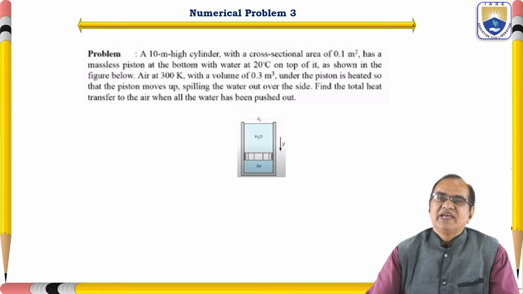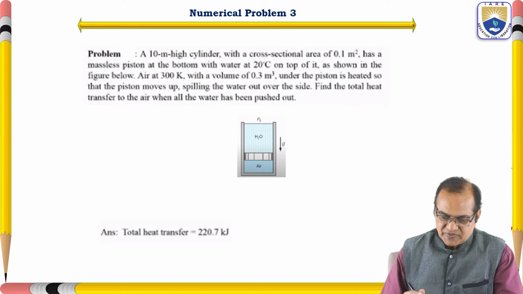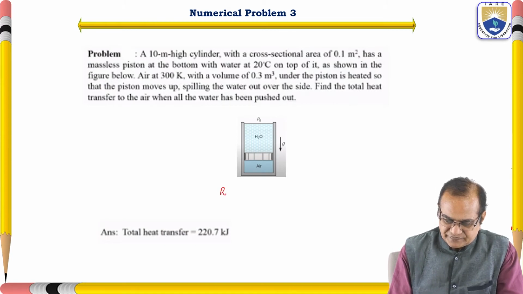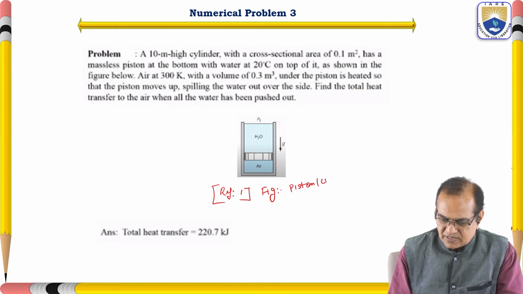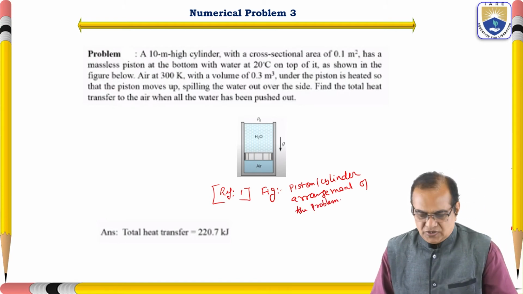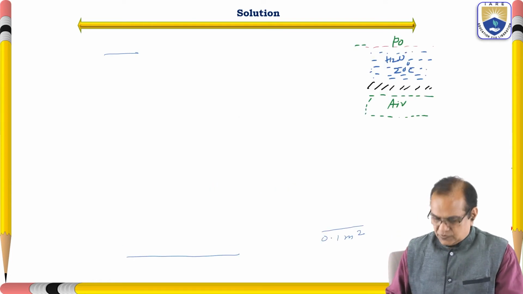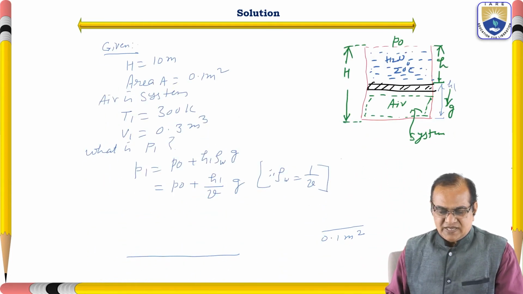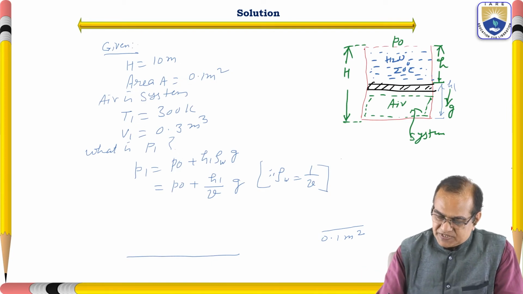So here the schematic is shown. This is the reference figure, piston, cylinder, arrangement of the problem. So here we have to draw the piston and the cylinder.